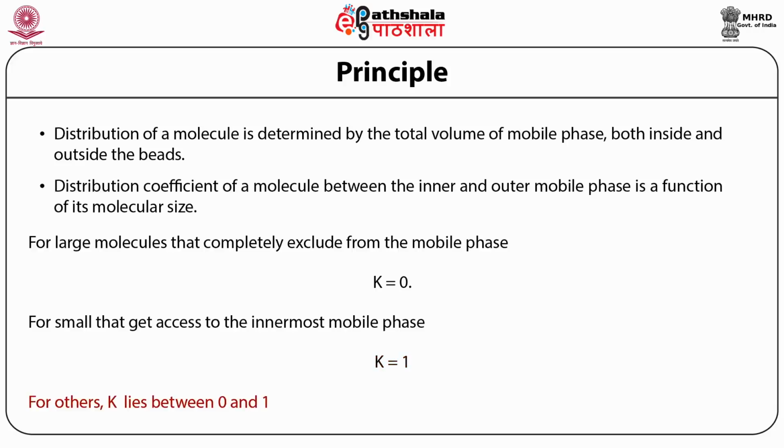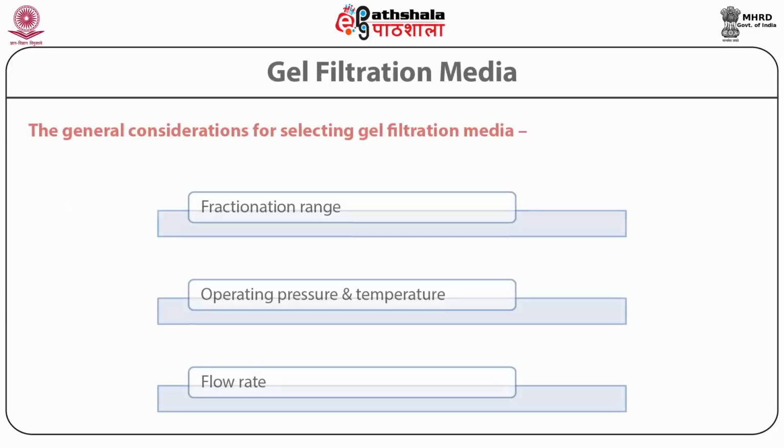For others, the value of K will vary between 0 and 1. This variation of K between 0 and 1 makes it possible to separate various molecules present in a mixture within a narrow molecular size range.